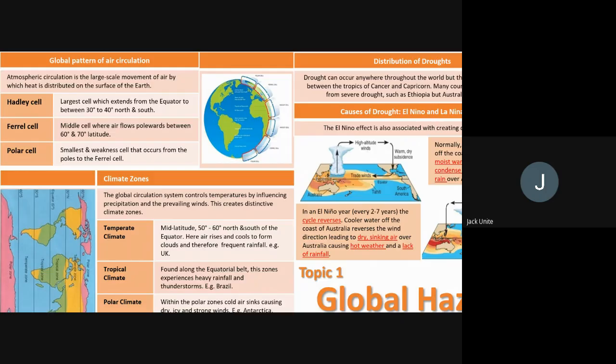And then that leads on to our climate zones and what we find within those cells in terms of the climate. Now, I just want to add here, I think this is like our kind of air conditioning unit for the whole world. Because if all this warm air around the middle of the Earth, the equator, didn't move, it would be so super hot that nothing would be able to survive there.